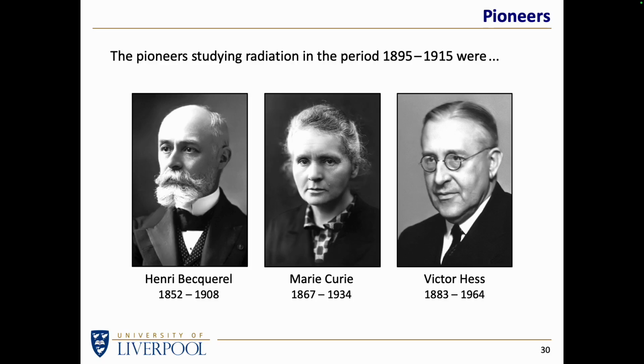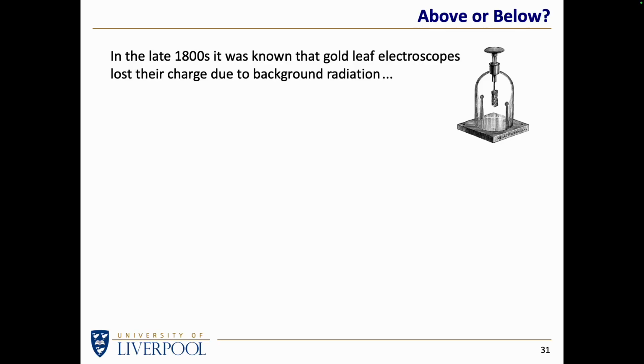Some of you might recognize Henri Becquerel on the left-hand side, but I'm guessing that not many of you perhaps know Victor Hess. So Henri Becquerel basically discovered radioactivity. Marie Curie, some years later, synthesized and separated certain radioactive elements like radium and polonium, etc. The contribution from Hess I'll now describe.